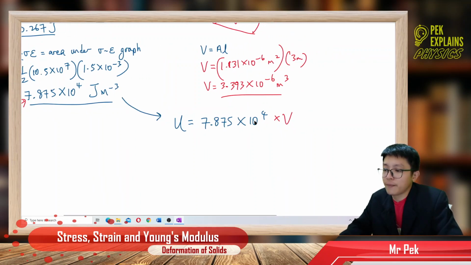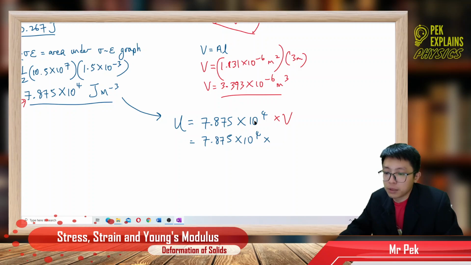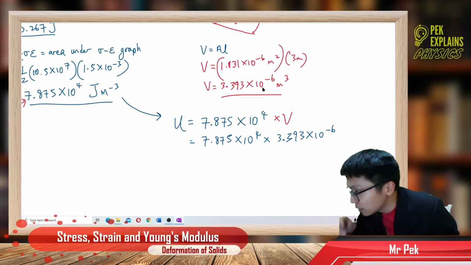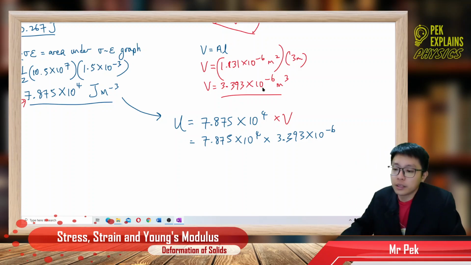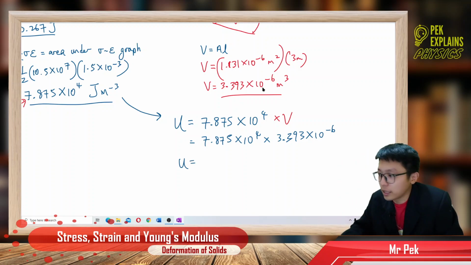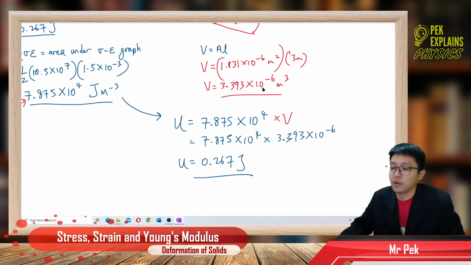So what is the answer? I just multiply by my volume, 3.393 exponent negative 6, and the strain energy I get is 0.267 joule.